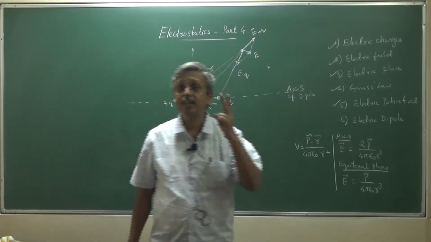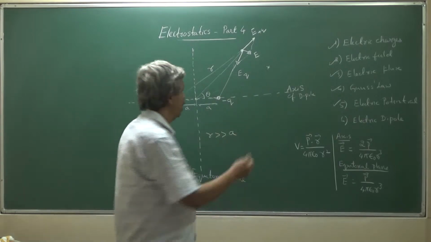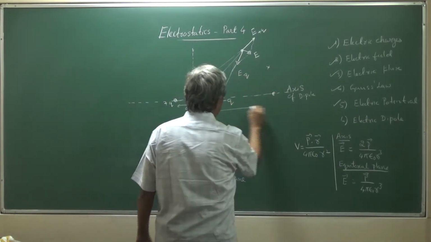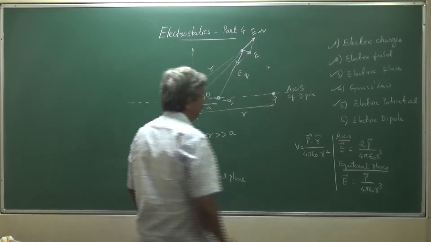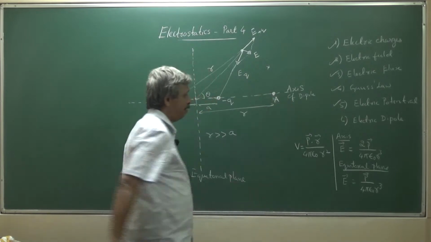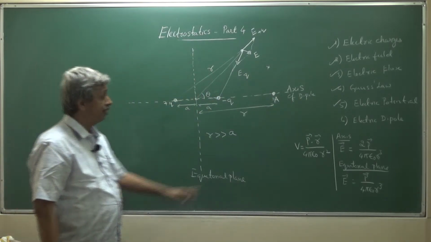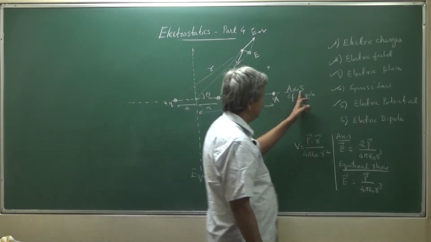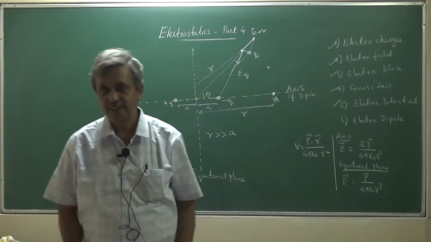So there are two derivations. Suppose you want to find the electric field on this axis, at a distance r, let's say point A at a distance r. I can tell what the electric field is here.